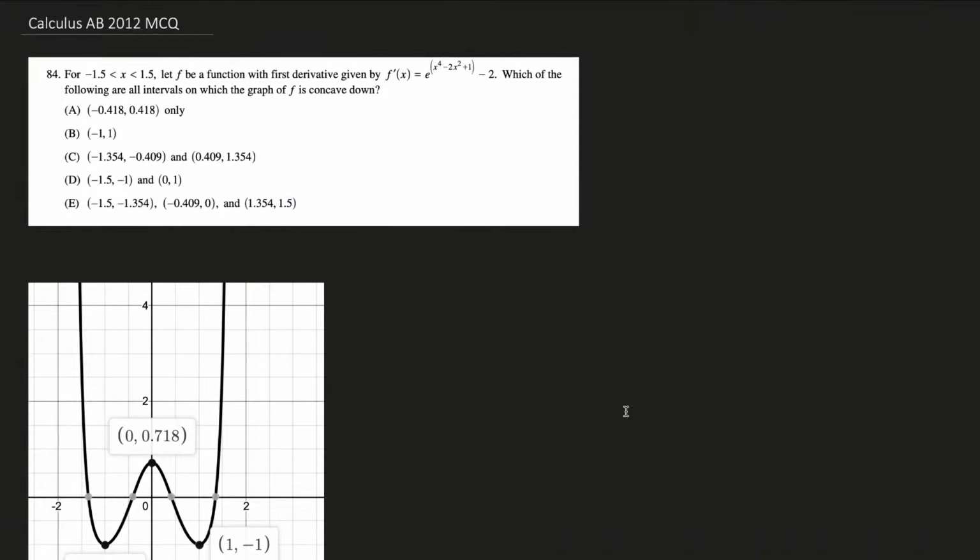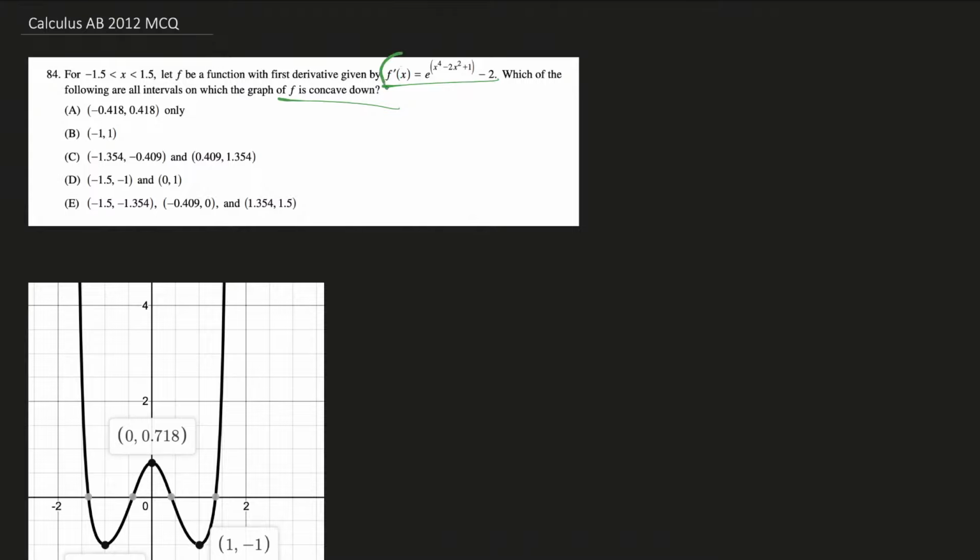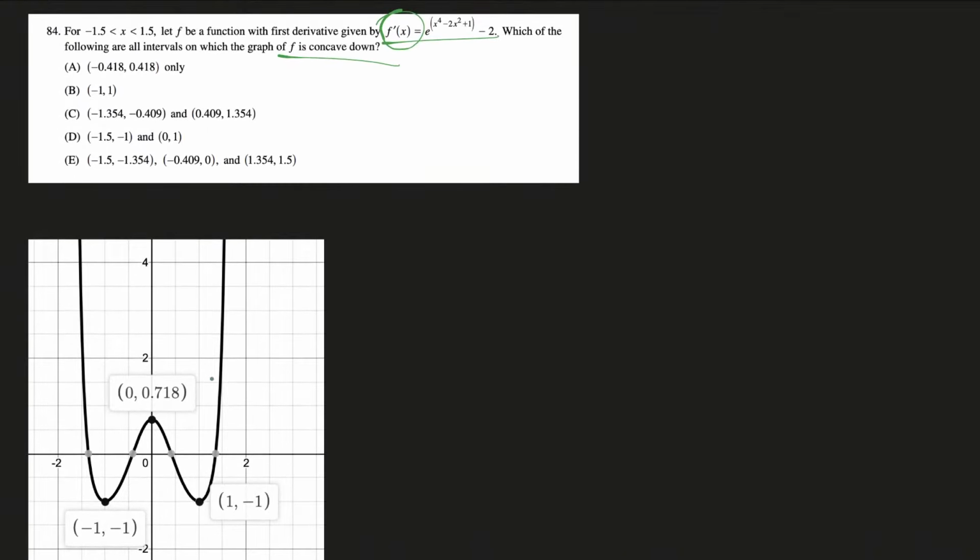Alright, this question says for x between negative 1.5 and 1.5, let f be a function with the first derivative given by this. Which of the following are all the intervals on which the graph of f is concave down? Now, because this is f prime of x, merely looking at the slope will tell us whether f is concave up or down.